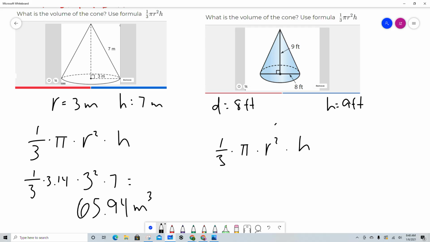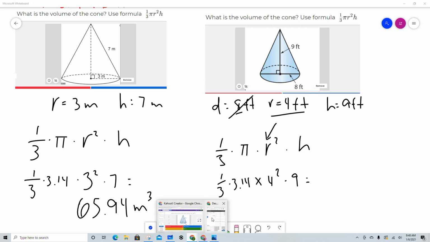But I need the radius because that's in the formula. So my radius, you have to divide the 8 by 2. 8 divided by 2 is 4 feet. So we're not going to use this number. This is the number we're going to use. So 1/3 times 3.14 times 4 squared times 9. Okay? So we're going to end up multiplying that.